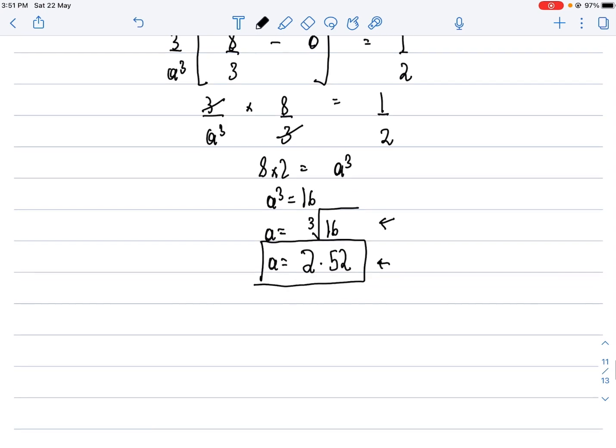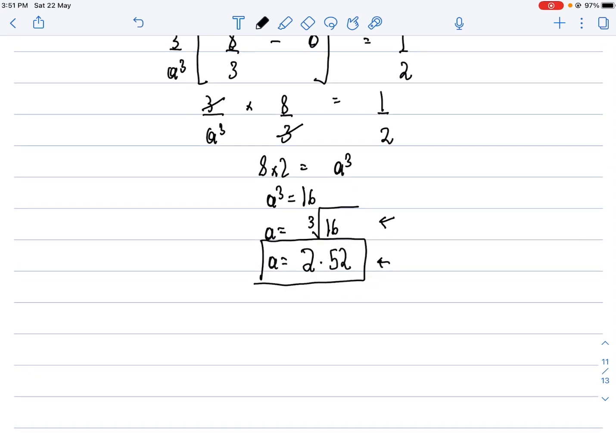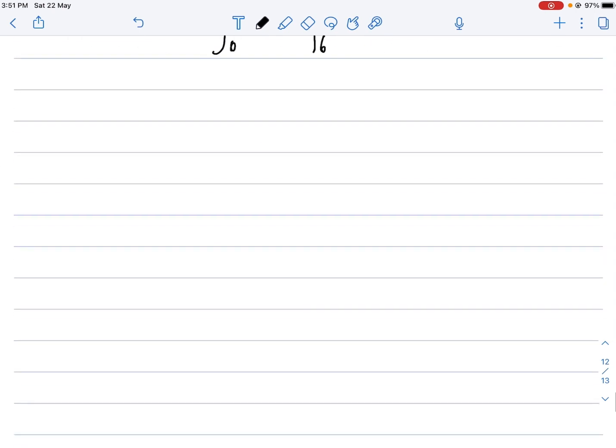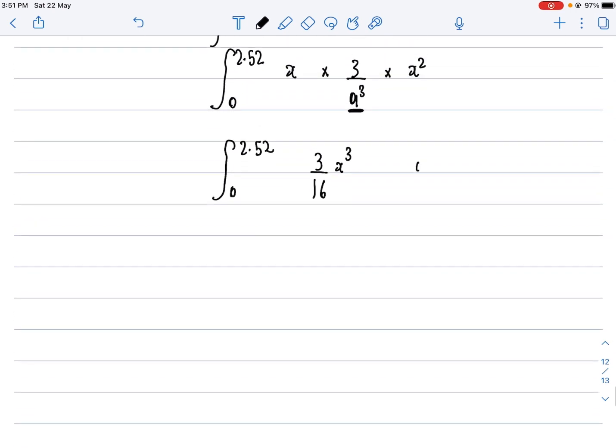Here we saw the cube root of 16 was simply 2.52, so 2.52 the whole raised to 3 is 16. dx. So I can write this as 3 over 16 with the integration of x cube dx.